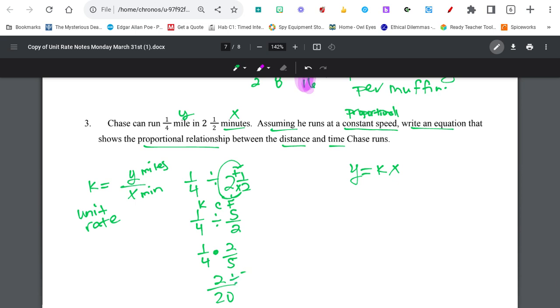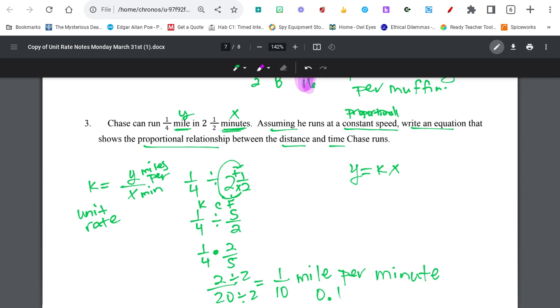I can simplify that and divide them both by 2. 2 divided by 2 is 1. 20 divided by 2 is 10. So a tenth. A tenth what? A tenth of a mile per minute. Miles per minute. So Chase can run 1/10 mile per minute.